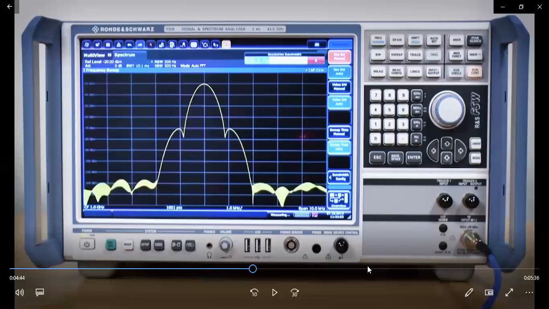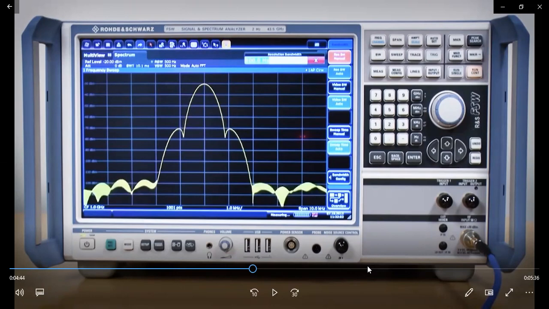With smaller RBW, your sweep time will be longer. The problem with the long sweep time is that you actually update after you complete the whole 300 kilohertz, then you again start from the beginning. In another sweep time period, you complete the whole scanning.